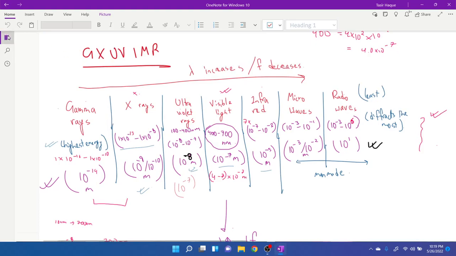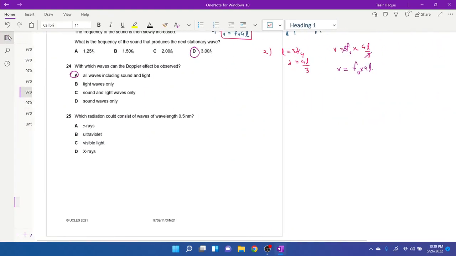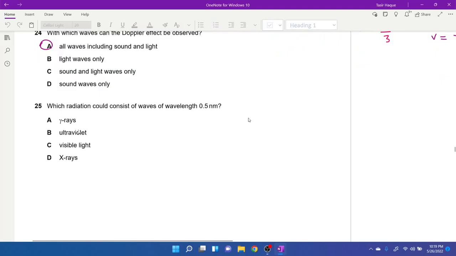So now let's match this with the information that's given over here, right? 0.5 nanometers. So basically, nanometers means 10 to the power minus 9. Let's do this. 0.5 into 10 to the power minus 9. That's 5 into 10 to the power minus 10. Now I just told you visible light is at 400 to 700 nanometers, or like 4 into 10 to the power minus 7 to 7 into 10 to the power minus 7, okay?